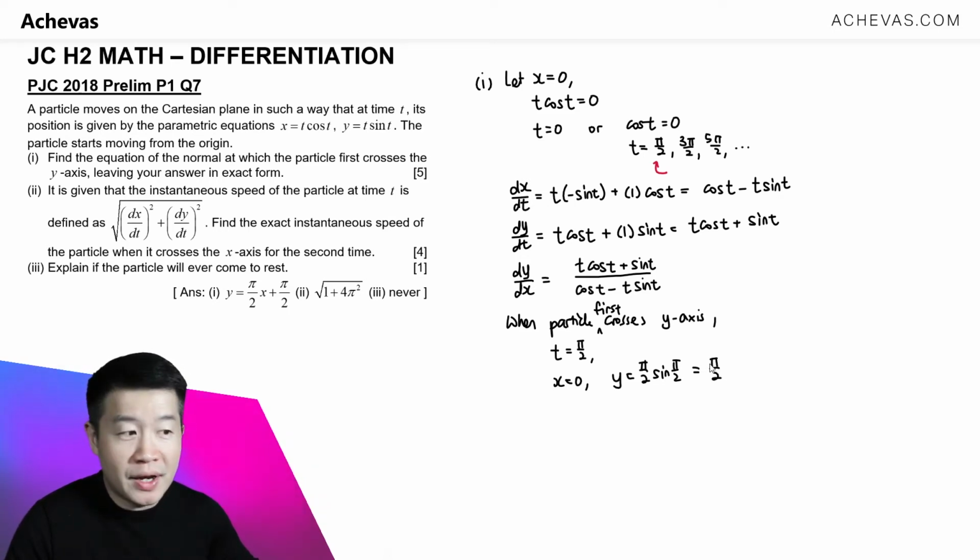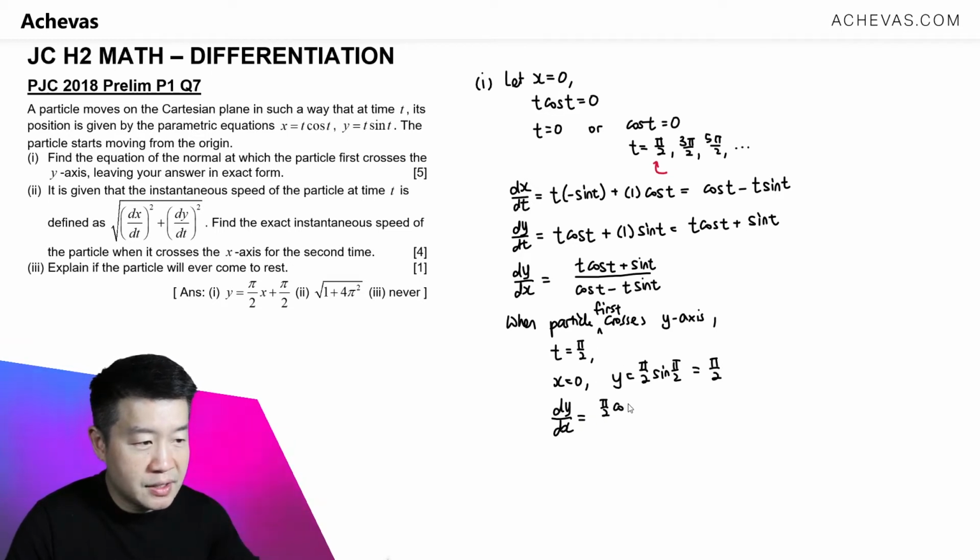This gives us the y-intercept. What we need is the gradient of the normal. And to find that, let's make use of dy dx. So dy dx is going to be equal to, replacing t by pi over 2, cosine pi over 2 plus sine of pi over 2, divided by cosine of pi over 2 minus pi over 2 sine pi over 2.